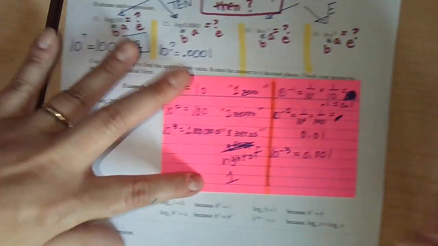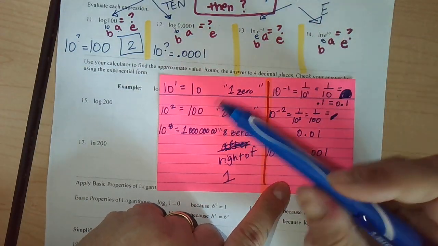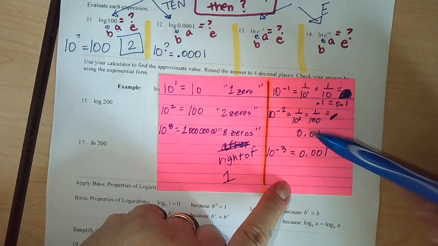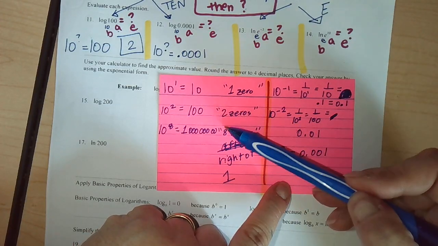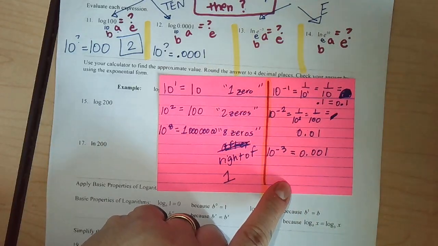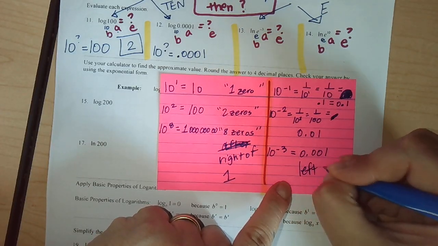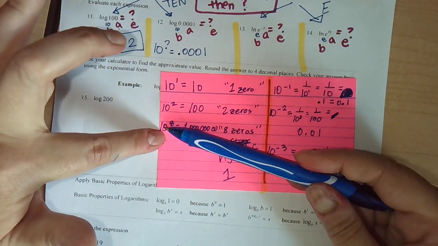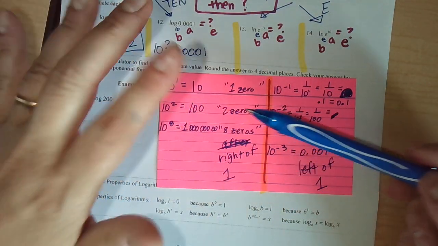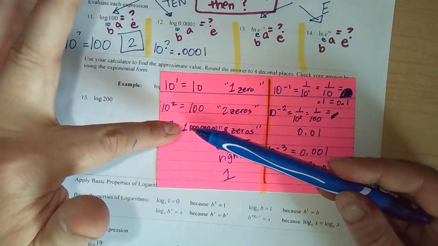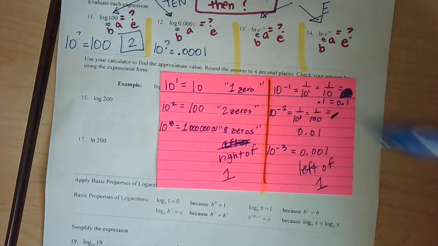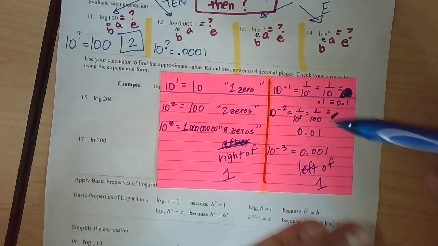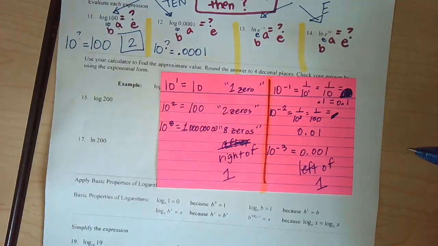But for negative exponents, you say 1, then 2 zeros, 8 zeros to the left of 1. So if you have whole number positive exponents, it makes the zeros go to the right of the number 1. If you have negative exponents, it makes your zeros go to the left of 1.